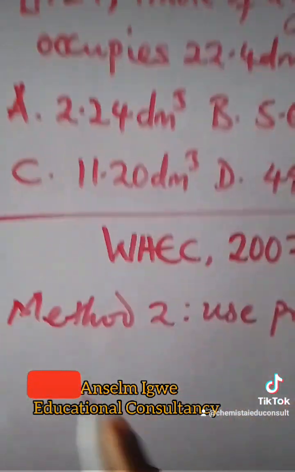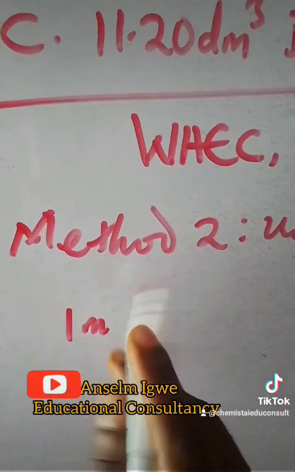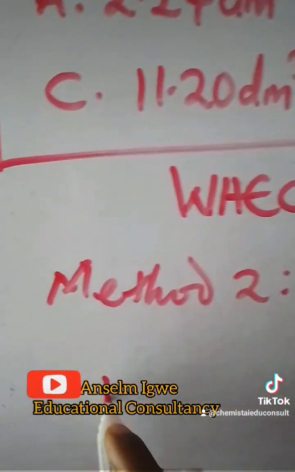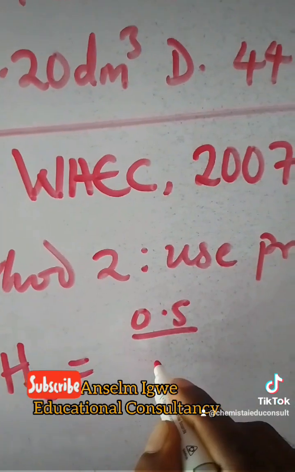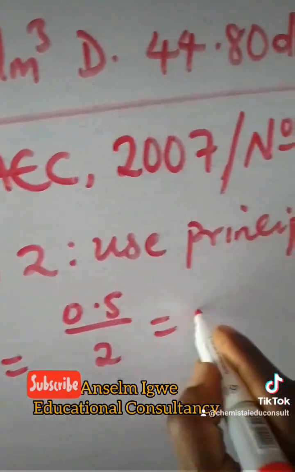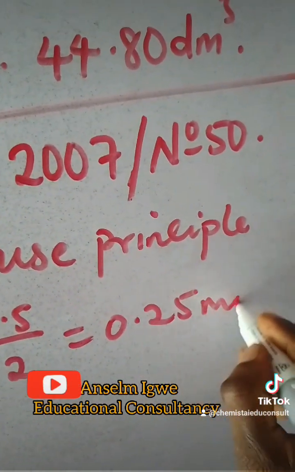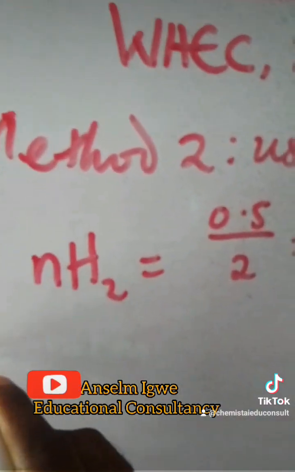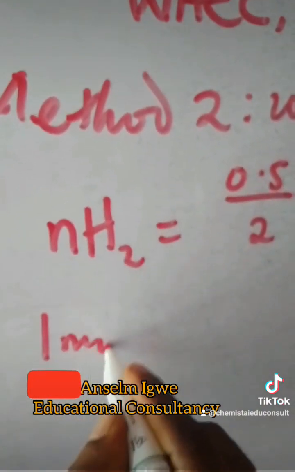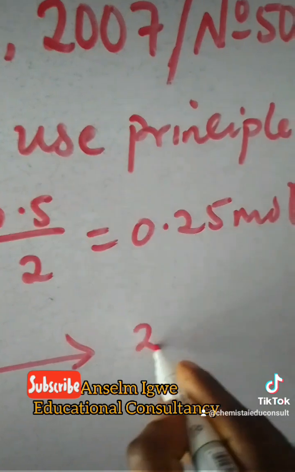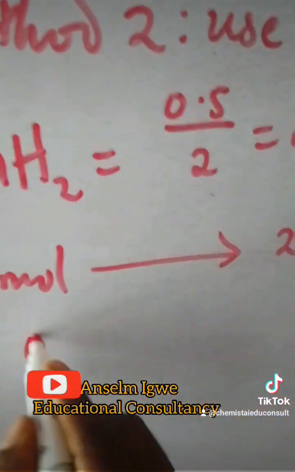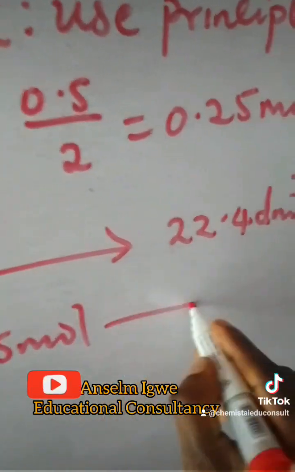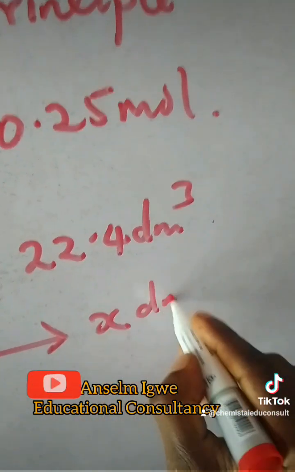Therefore, we first of all get the number of moles. The number of moles of hydrogen gas is the mass 0.5 over the molar mass, which is 1 times 2, so 0.25 mole. Now, you recall that 1 mole occupies 22.4 dm cube. Therefore, this 0.25 mole would occupy, let's say, x dm cube.